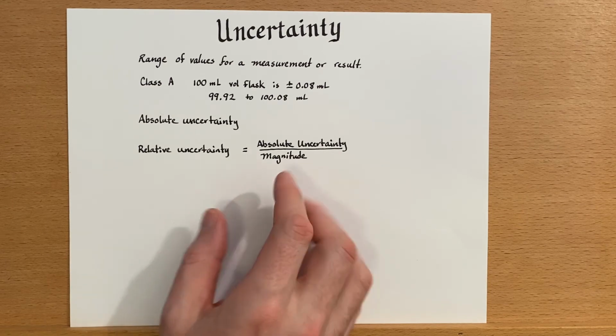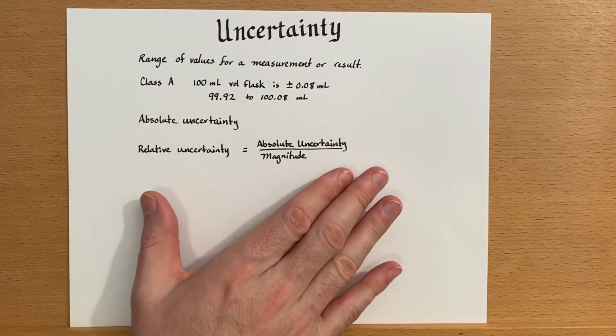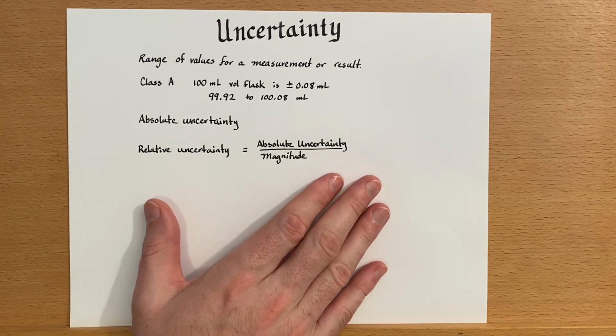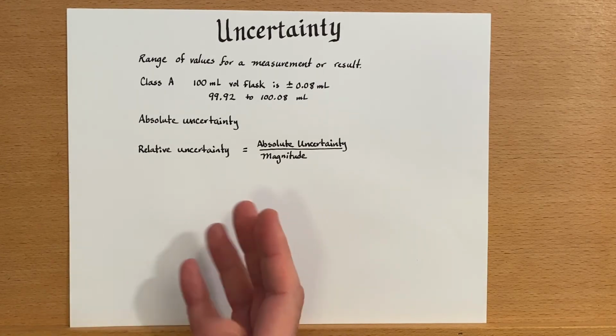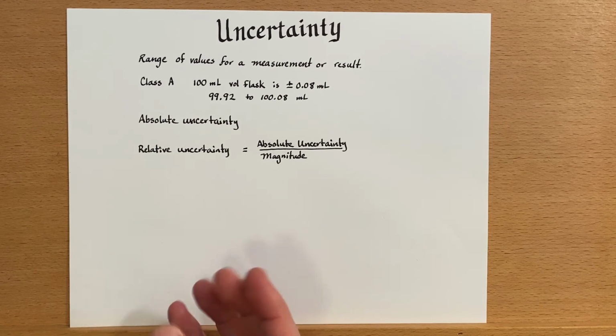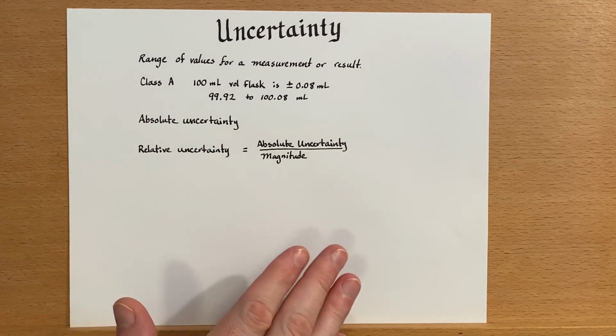So now that we have uncertainty down, we should talk about what happens when we have more than one measurement involved in an analysis or coming up with a value. And to do that, we will have to propagate the uncertainty.